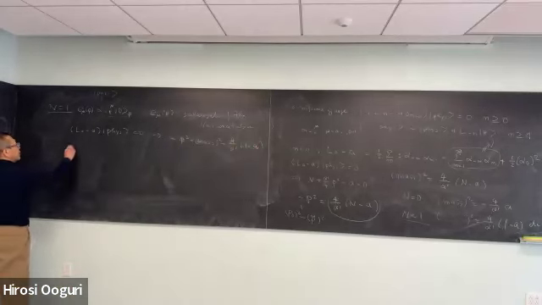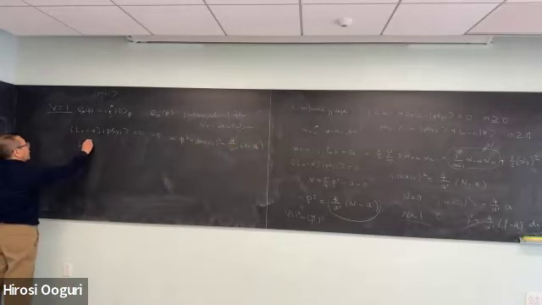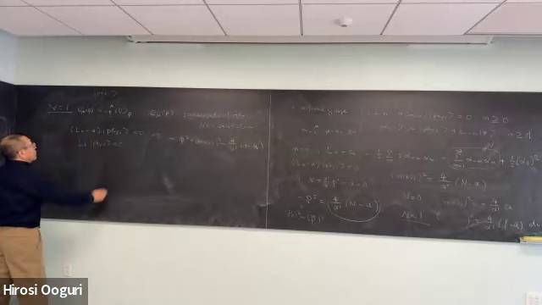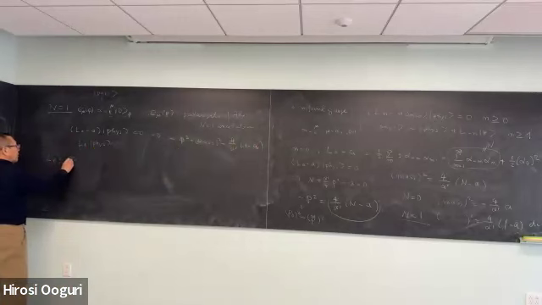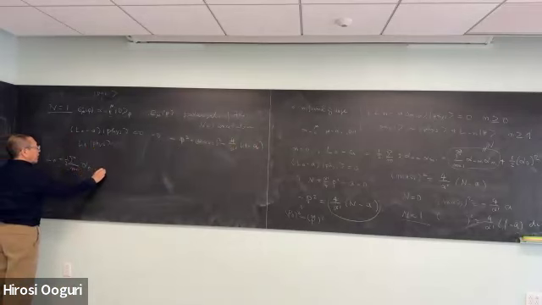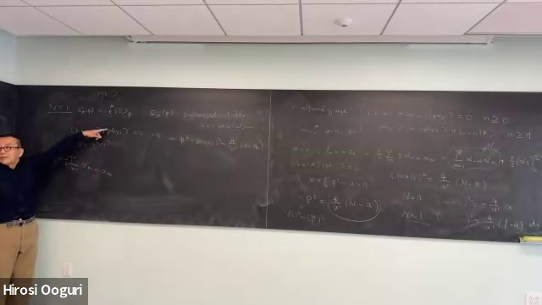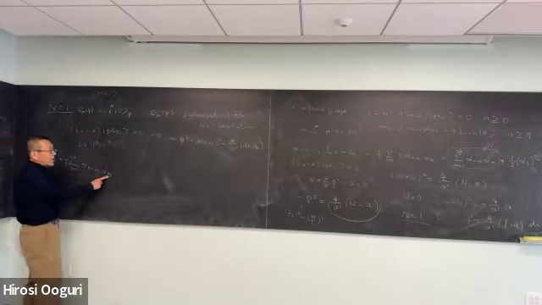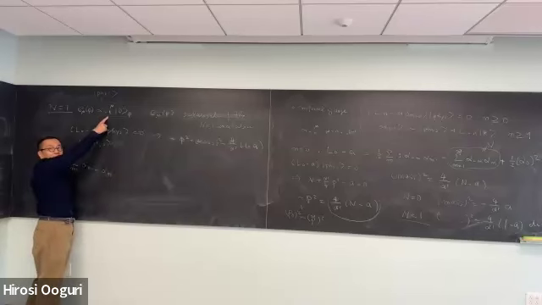And the next thing we see is that we need to impose L1 acting on the physical state to be 0. Well, what does this condition mean? L_n, remind you, is a summation of alpha n minus m times alpha m. But we are acting this on alpha minus 1 acting on the vacuum. So that means that if m is greater than 1, then it's automatically annihilated. So m has to be less than or equal to 1.